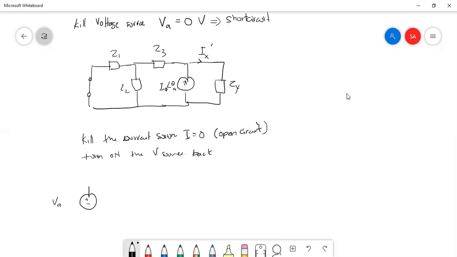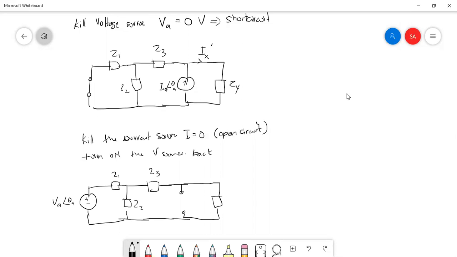So you have back your V source, and then you have Z1, and then Z2, Z3, and the current source right now is open circuit. Okay, so this is your Ix due to the voltage source, which is Ix double prime.